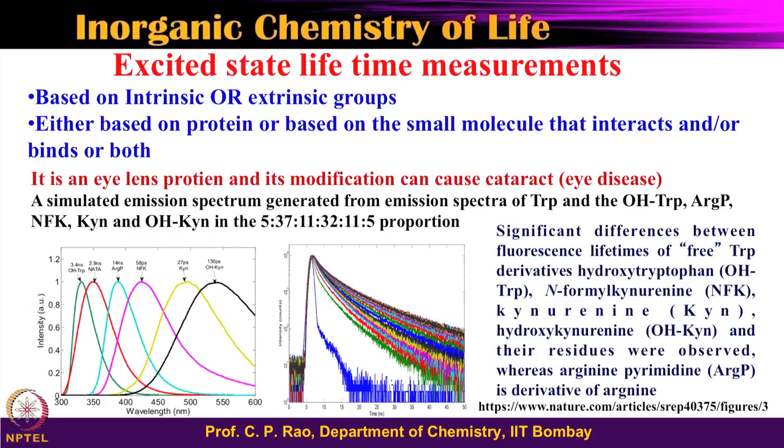All of these will influence the excited state. In some cases it will stay longer in the excited state, in some other cases it will stay shorter in the excited state. Therefore, excited state lifetime becomes an important parameter for us to monitor if we want to study the dynamics of the protein. Or not only dynamics, suppose you have a small molecule which reacts with the enzyme.